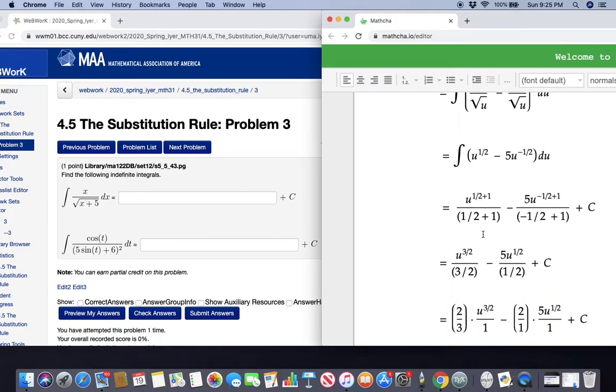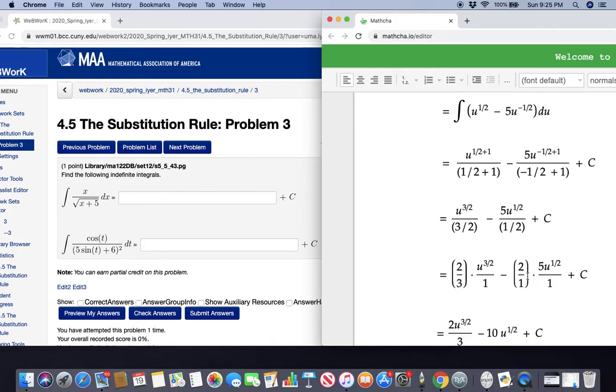U to the 3 halves over 3 halves minus 5 u to the halves over half. Division by a fraction is multiplication by the reciprocal. So 2/3 u to the 3 halves over 1 minus 5 times 2 over 1 u to the half over 1 plus constant.